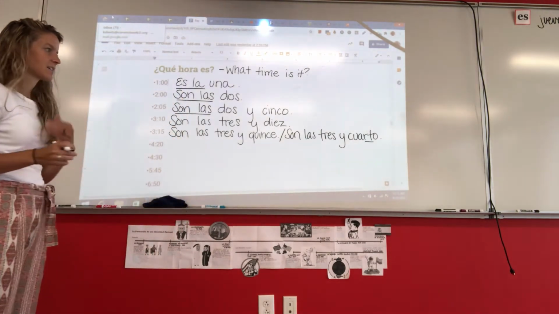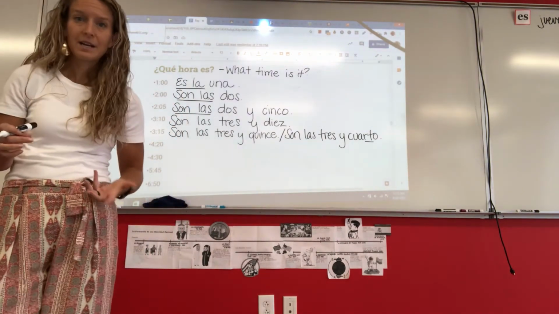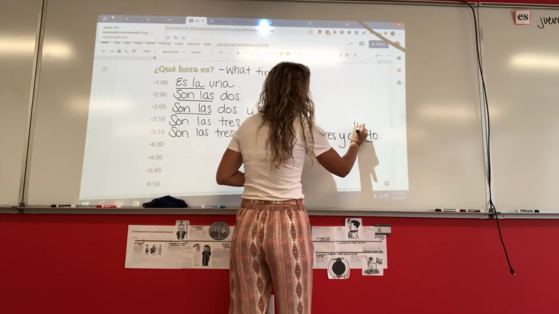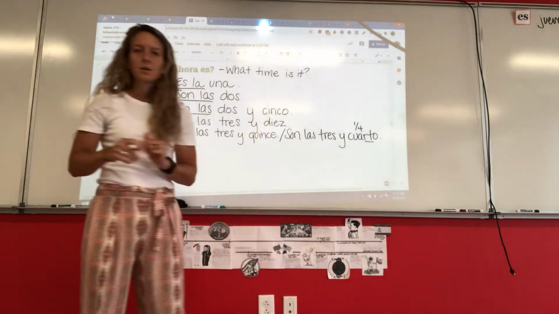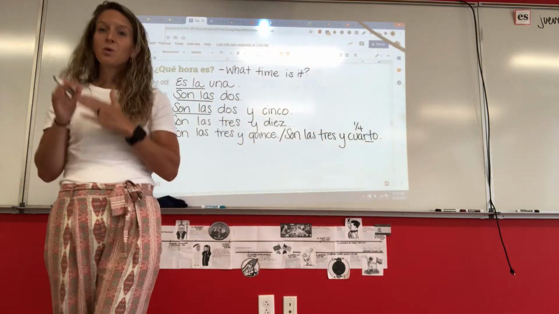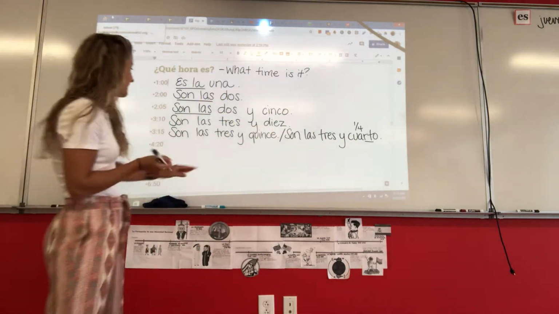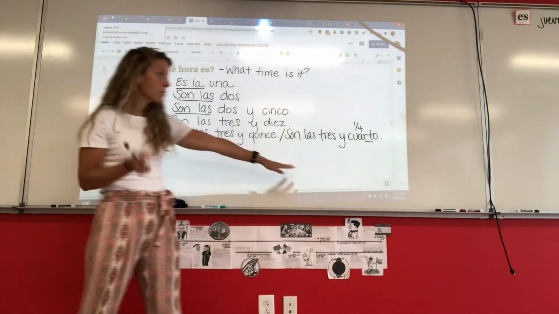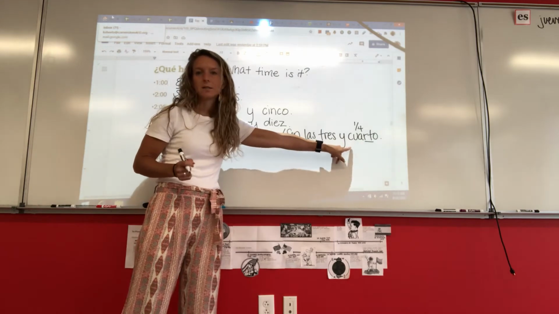And that's like saying it's 3:15. It's 3 and a quarter. If that's confusing, then stick with this way for right now, but just be familiar that this is what that means.